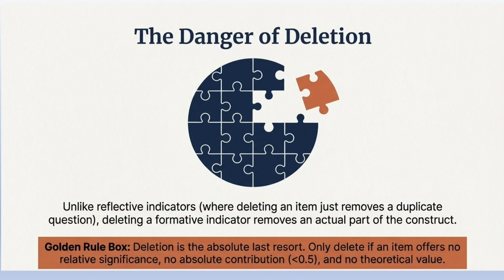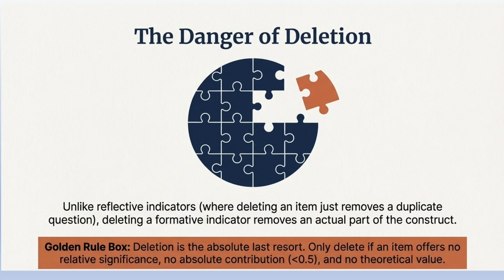If outer weight is not coming significant, it means that relatively that item is not important, but does that mean I should remove it? No, because I have to see whether the absolute contribution is there. That's okay, relatively it is less important, but overall the contribution will be there in the construct. So I cannot remove it just because it is relatively insignificant.